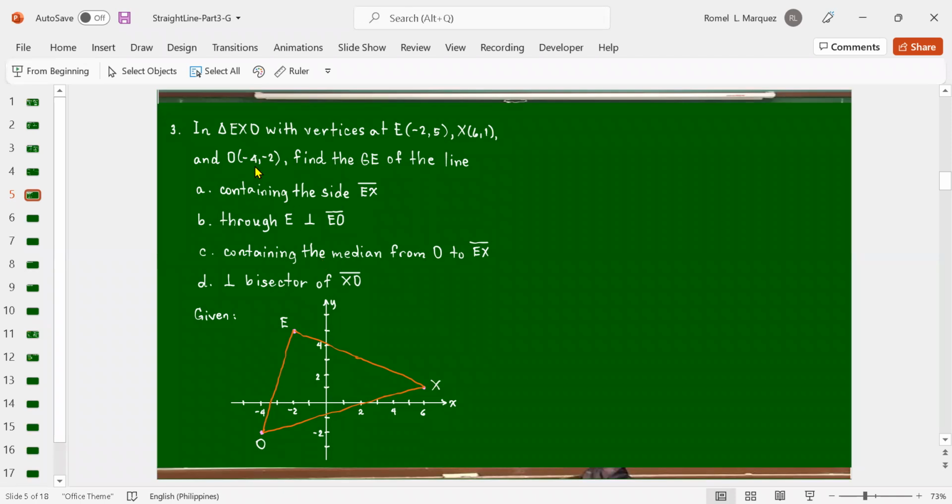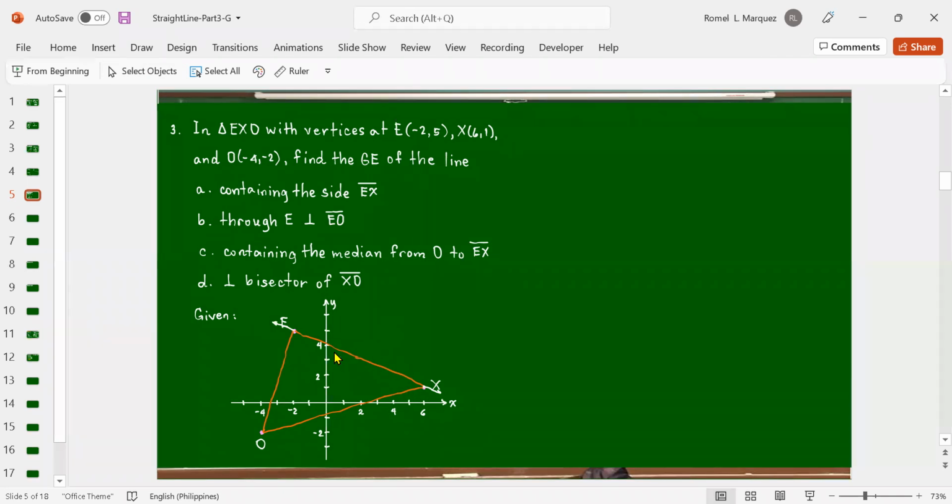Okay? So first, we have to find the line containing the side EX. So this is the side EX, the line that passes through this line, no? So coinciding with this segment. But all you have to do is extend, of course. Okay? So that's the line we're looking for.